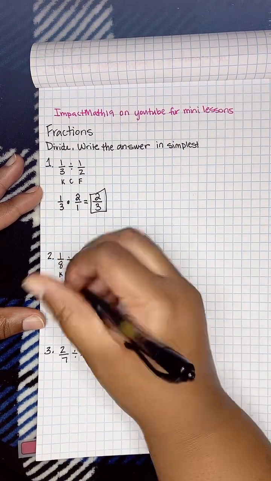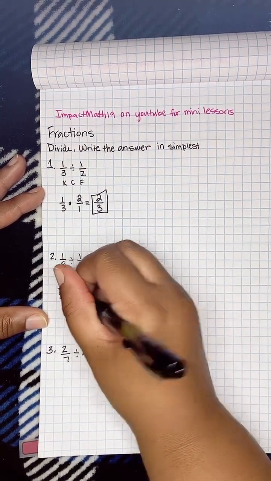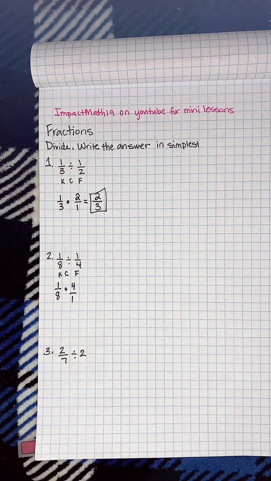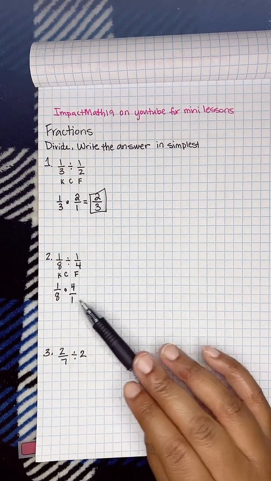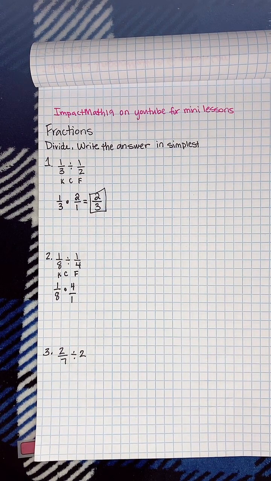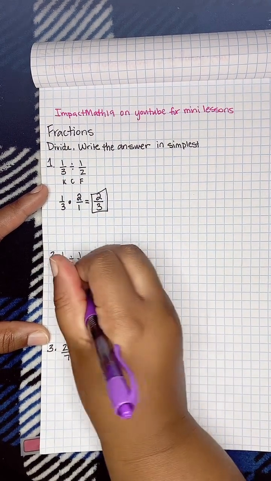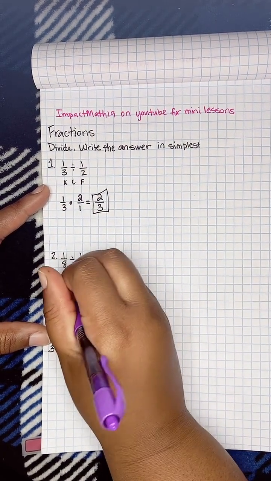So change this to multiplication, and then we're going to flip. So 4/1. Now, what can we cross simplify? Good. You guys are giving me the answers. 1/2, 1/2. Ooh, somebody said 2. Okay. 2. Yes. So we can divide this by 2 and divide this by 2.